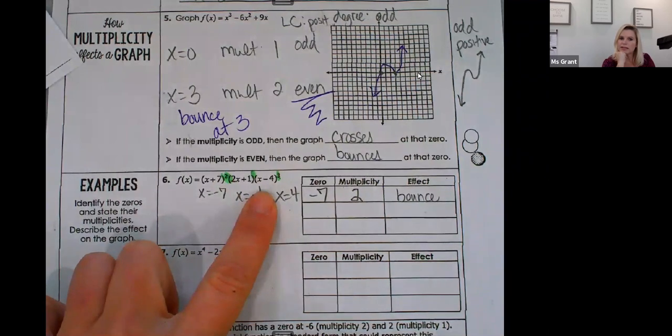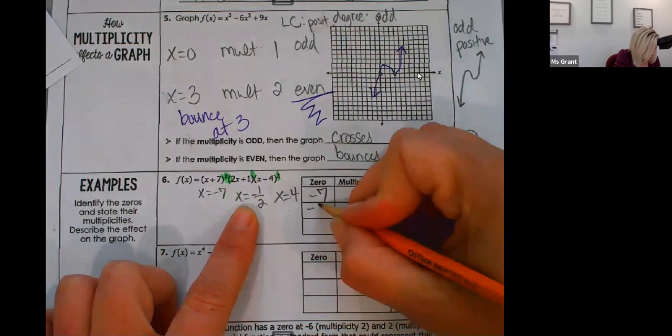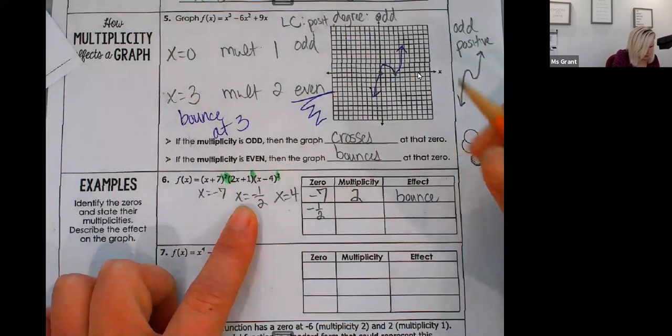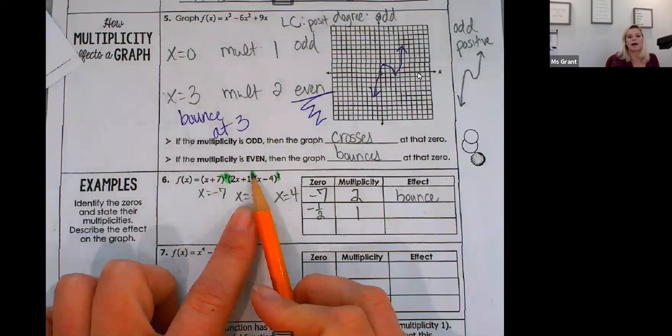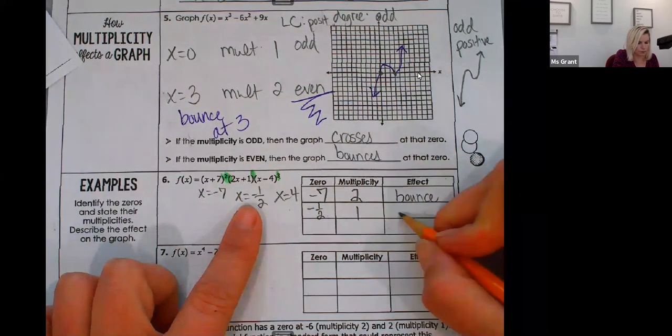When my 0 is -1/2, my multiplicity was 1 because it was, see, exponent of 1. 2x plus 1 to the power of 1. That crosses.